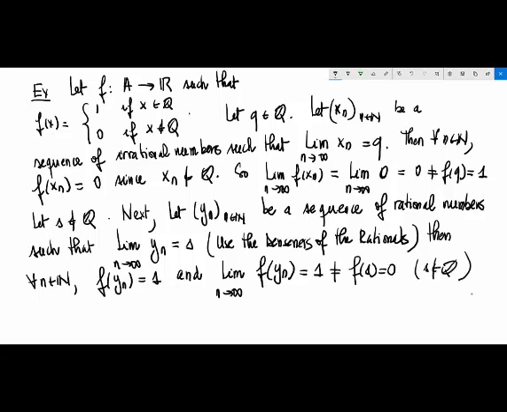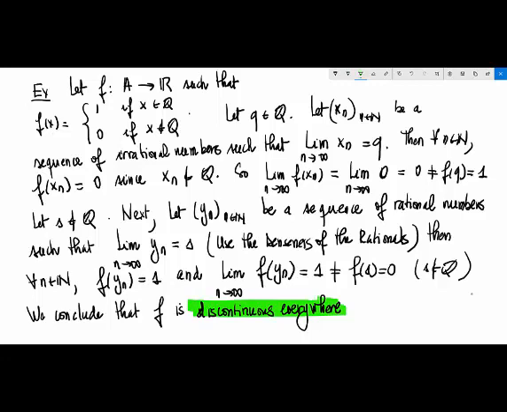So f is not continuous at the irrationals, and then we conclude that f is discontinuous everywhere. And so this is an example of a function which is discontinuous everywhere.